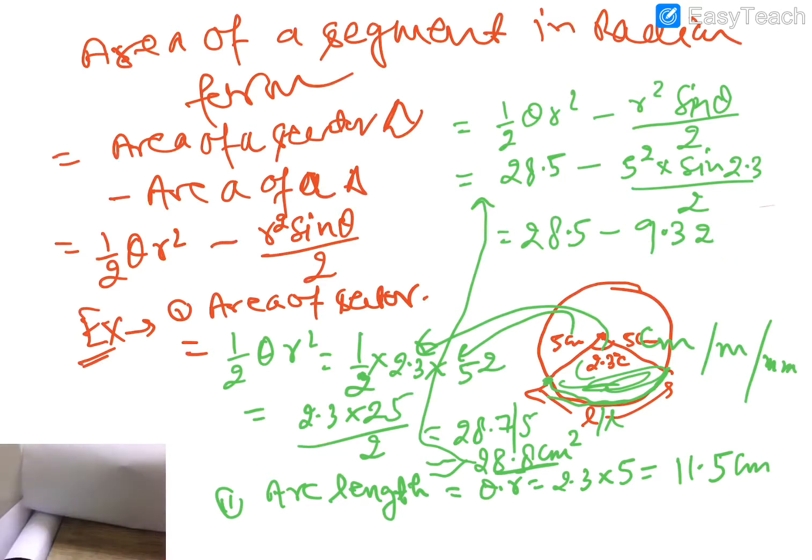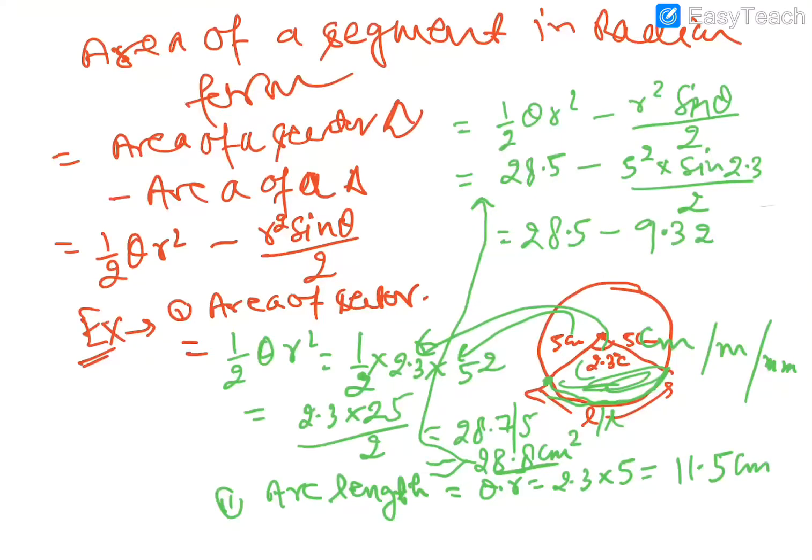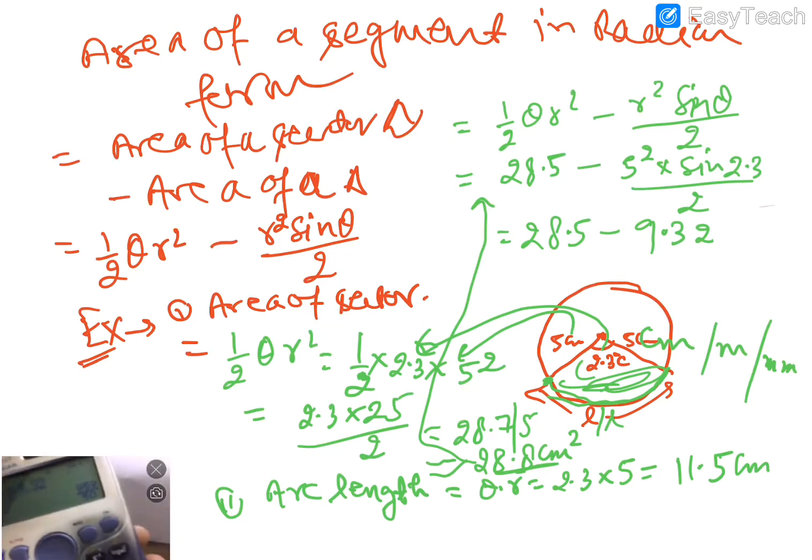Now practically, the next part here is 28.5 minus 9.32. I will press the SD button to let you all know.